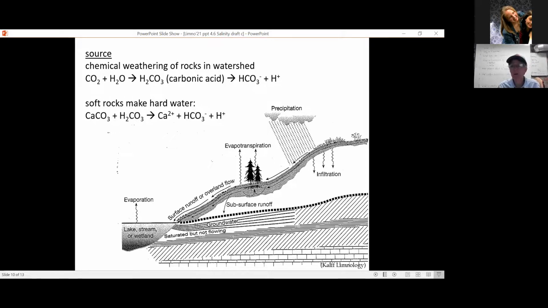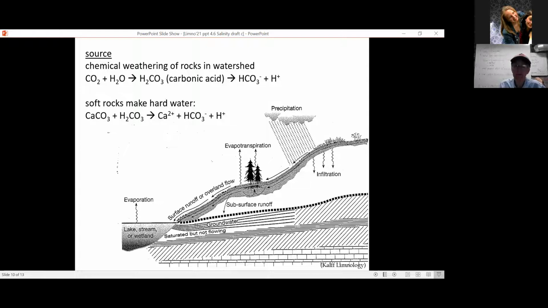Okay, so carbon dioxide, a natural component of the atmosphere, dissolves in water and forms an acid. Natural rainfall is slightly acidic. Perfectly clean rain is slightly acidic. It dissolves sedimentary rock and contributes ions to the stream flow that runs into the lake. That's the number one source of salinity for lakes. The number one source of dissolved ions is the dissolving of sedimentary rock by clean rain.